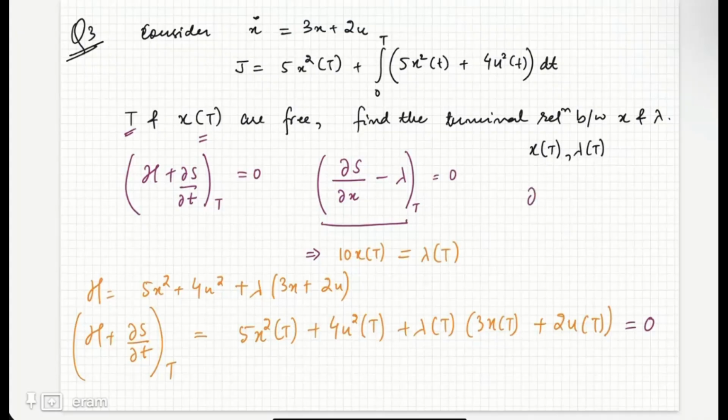Now when we solve del H by del u equals 0, we will get 8u plus 2 lambda equals 0, or we will get lambda equals minus 4u, or u equals minus 1 by 4 lambda.